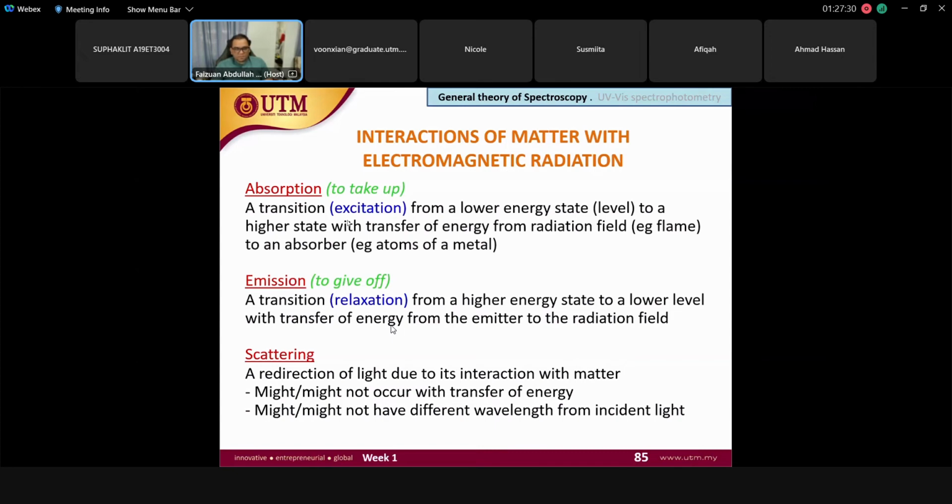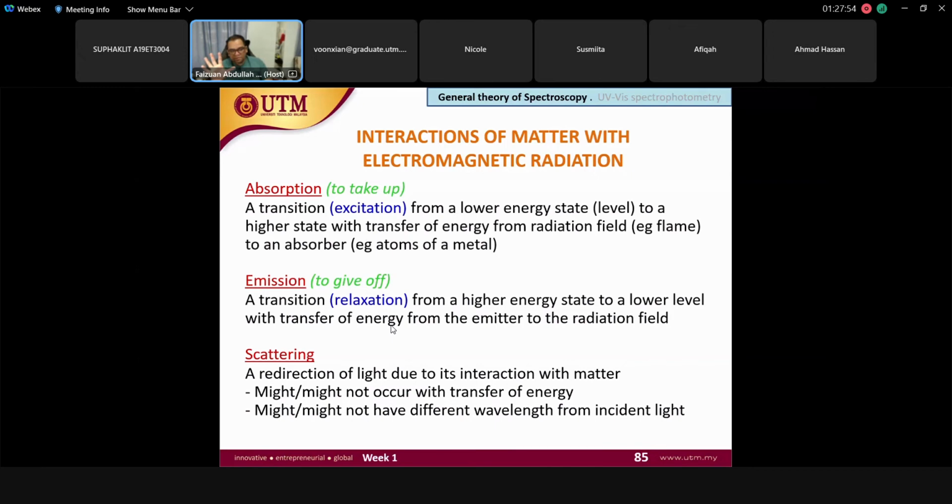So the light that we deal with now, we consider as a particle. It can be absorbed or taken up by the analytes, in this case our atoms or molecules. It also can be emitted. The energy can be emitted. So either absorbed, emitted, or scattered.